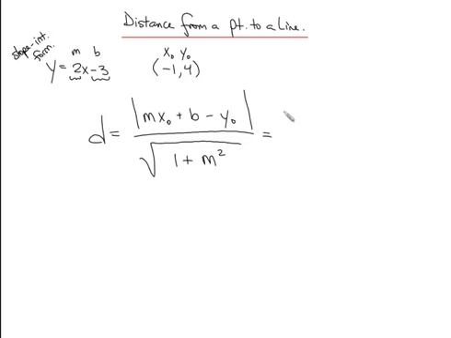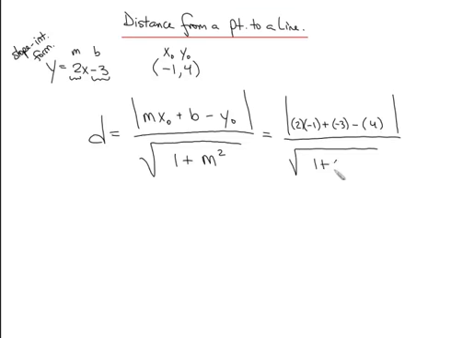And so plugging our numbers in, our slope is 2, our x0 is -1, plus our b, which is -3, minus y0, which is 4, divided by the square root of 1 plus the slope squared. So the top gives us negative 2 plus negative 3 minus 4.